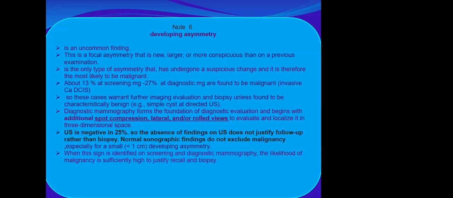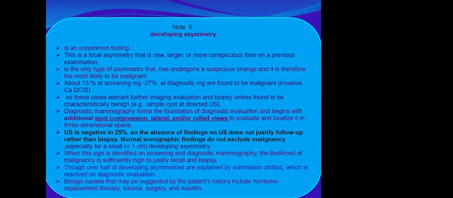When the sign is identified on screening or diagnostic imaging, the likelihood of malignancy is sufficiently high to justify recall for further evaluation and biopsy. Though over half of developing asymmetries are explained by summation artifact, which resolves on diagnostic evaluation, we have to consider it suspicious and make sure there is no underlying malignancy.